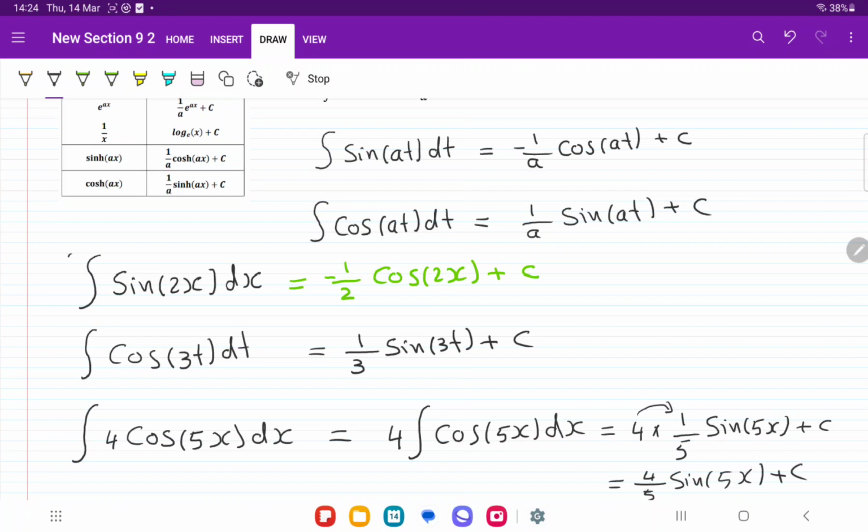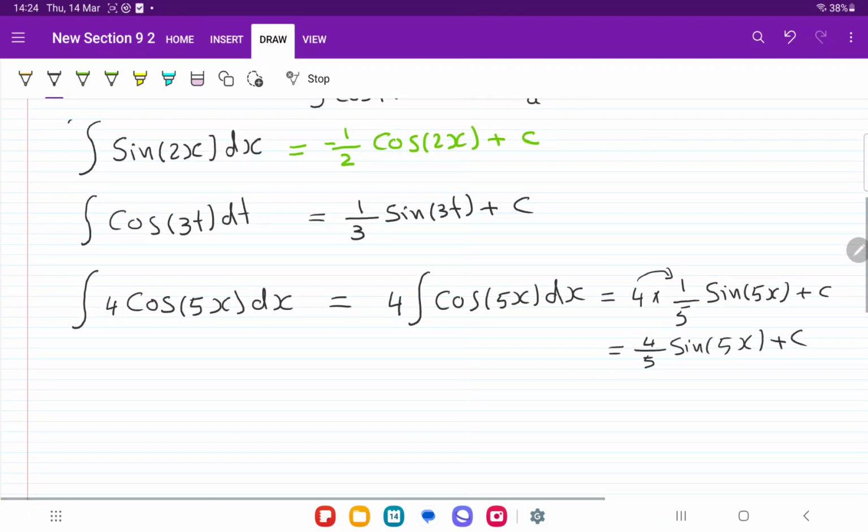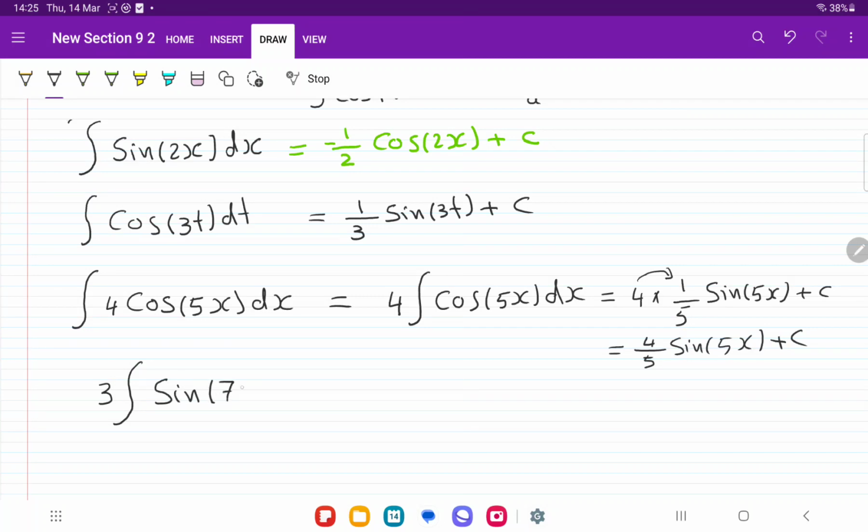Sometimes you will have the constant outside the integration, for example 3 times the integral of sine 7t dt.